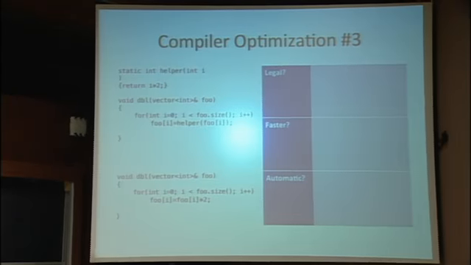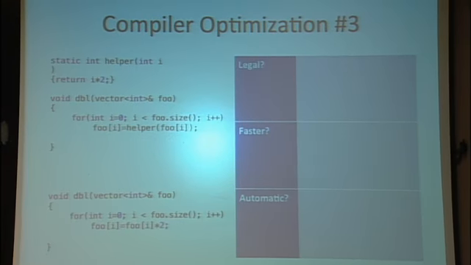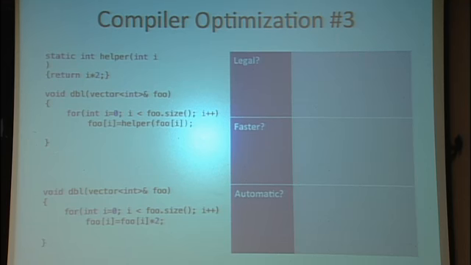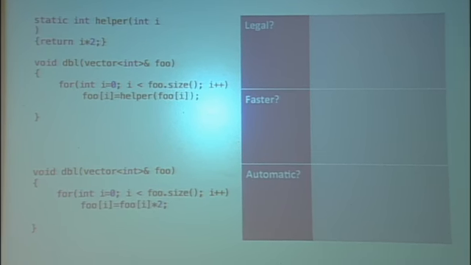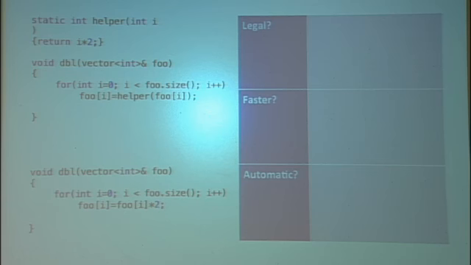So next question. Here you have a helper function, and in the after version, it seems to do the same thing, does it? So who thinks this is a legal optimization?